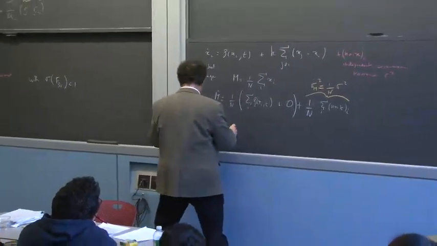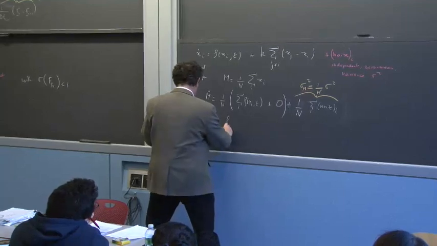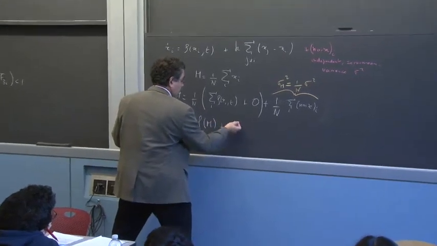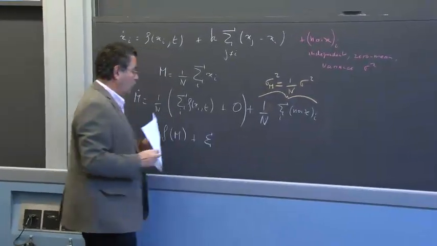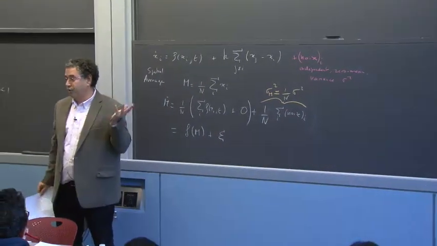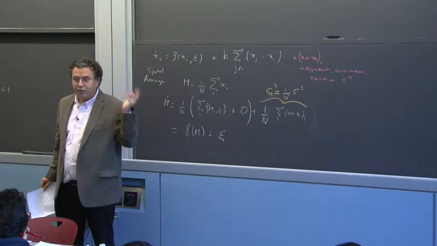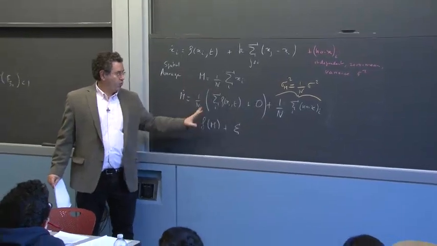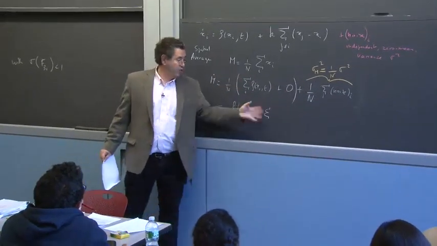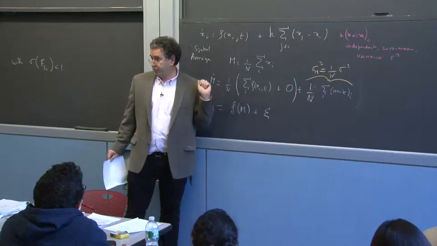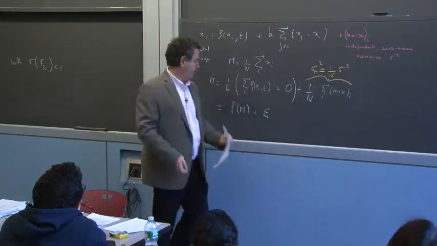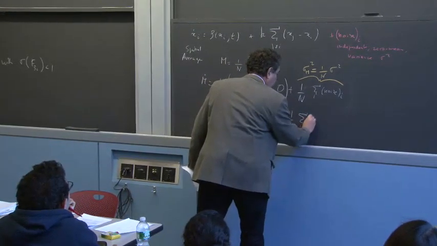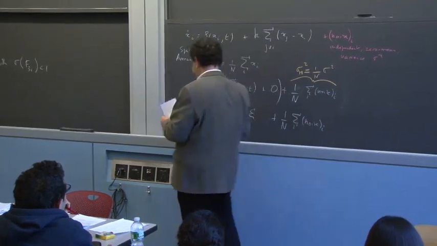So we're going to have f of m plus the rest. The rest we're going to optimistically call epsilon, but it's just a number. It doesn't have to be small. We'll see what it is now. So this is just this term where we added and subtracted f of m, and epsilon is basically the difference between this term and f of m. Plus 1 over n, sum over i of these noises.